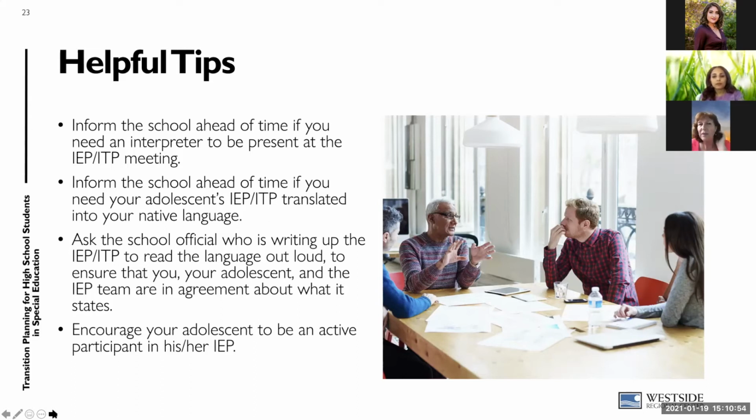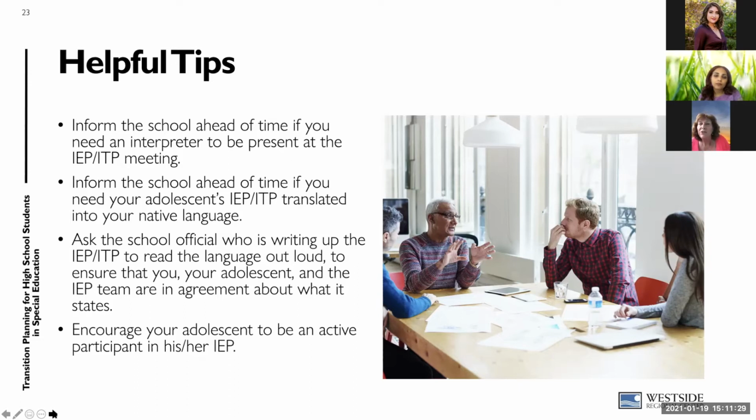And the district will have to share people too, so the more advance notice you can give for these meetings to have these supports there would be very helpful. You want to let the school know who will be writing up and actually documenting the IEP. And you would want that member to not just be at the computer typing and nodding their head, but to actually read what they're typing so you could follow along.